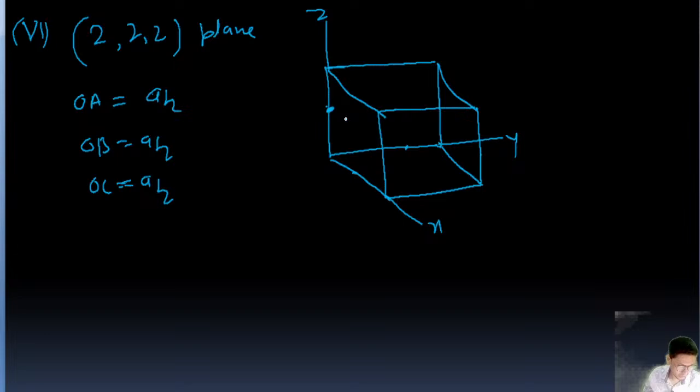So this is going to be like this. This is the plane, guys, which is intercepting the x, y, and z axes at a by 2.